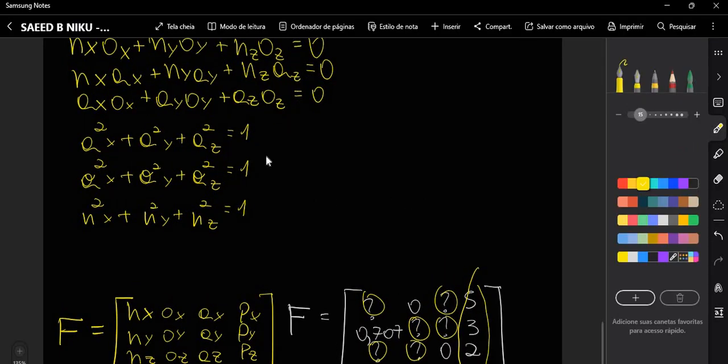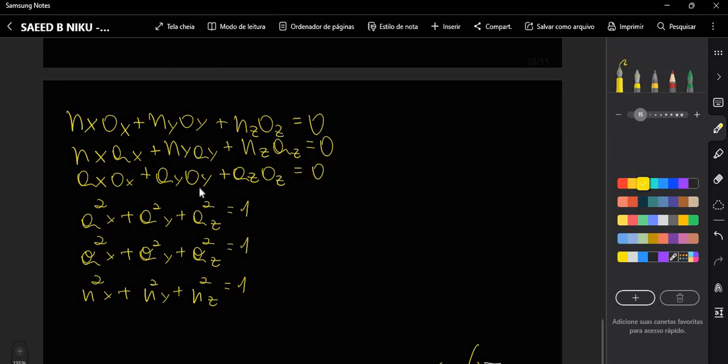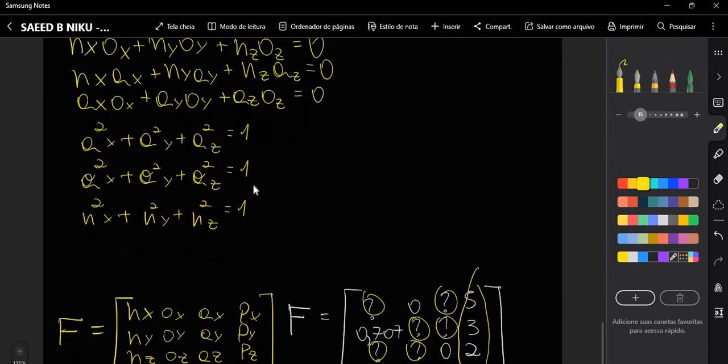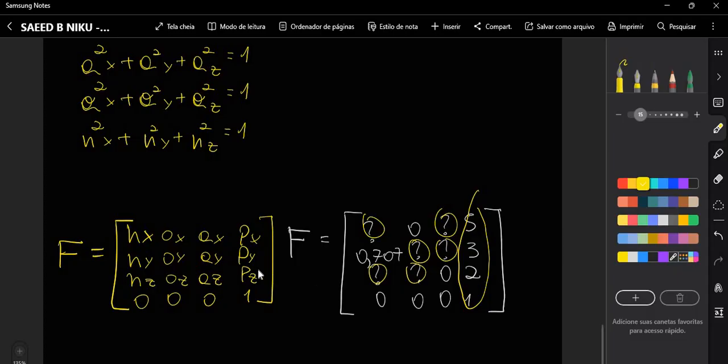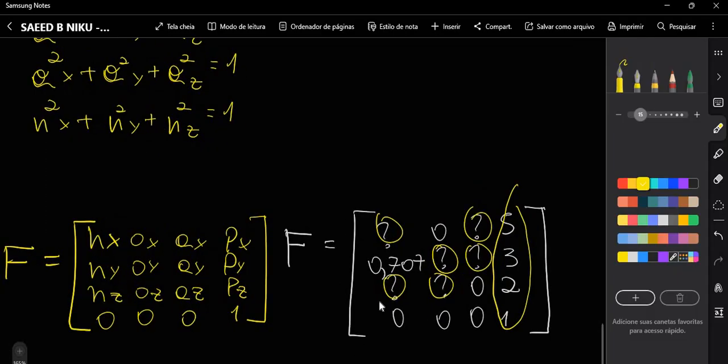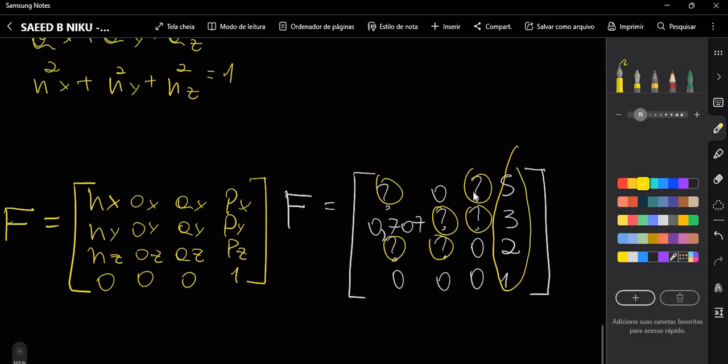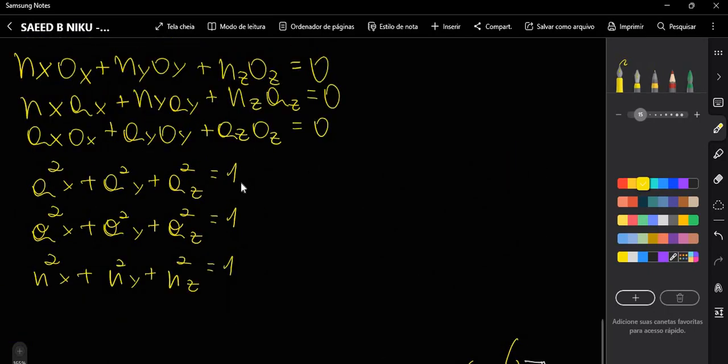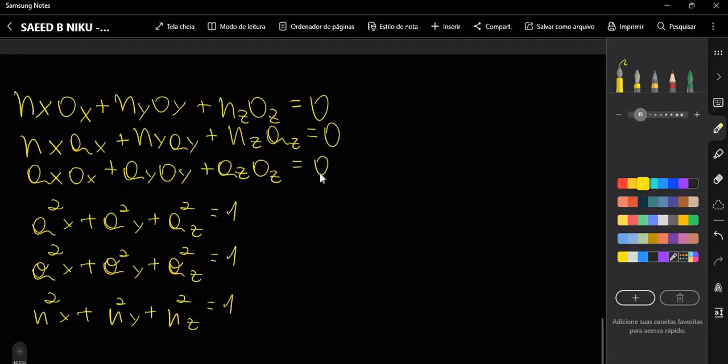So to rewrite these equations and solve them, we just need to substitute these values, the ones that we have, in these equations. And let's see what we're going to obtain.